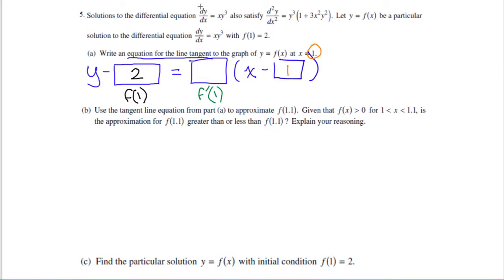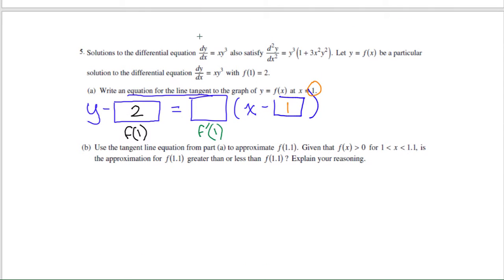It also tells us what y prime is. It says y prime right here is equal to x y to the power of 3. Well, I have x. I have y. I can plug in those x's and y's into this formula. How do you know which x's you plug in right away?